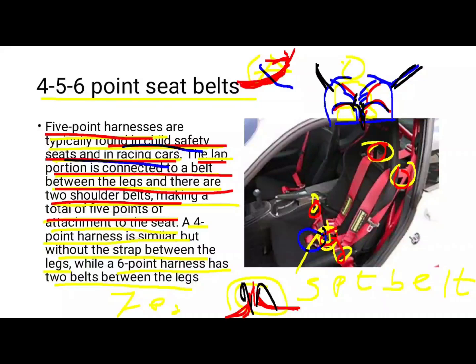So what are the uses of a 4-point seat belt? First, it is used in cars also, and second, it is used in roller coaster rides, etc. Now we will come to the next topic, the 6-point harness belt.